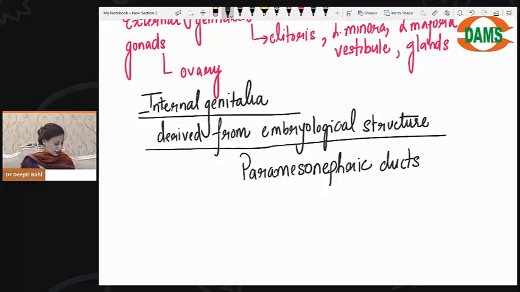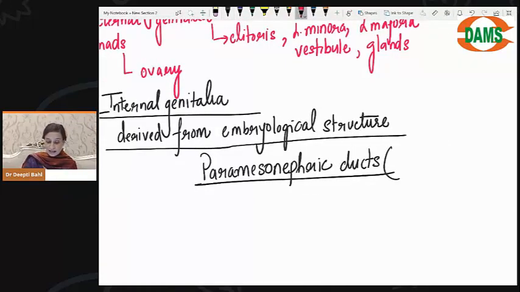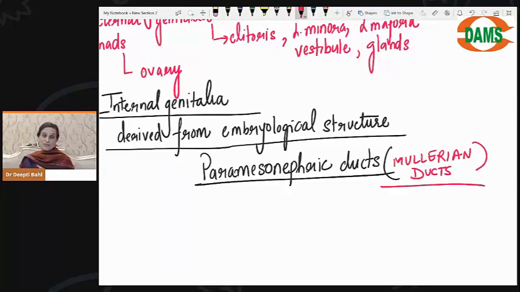The other name for paramesonephric ducts is Mullerian ducts.